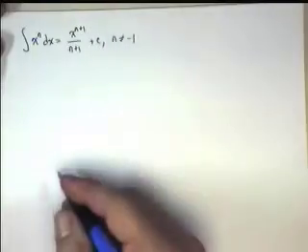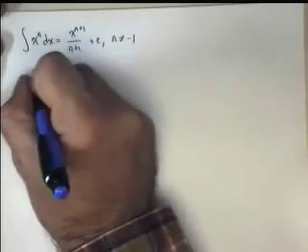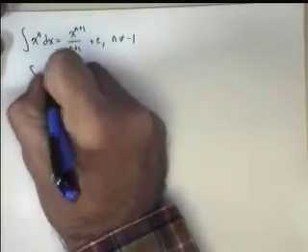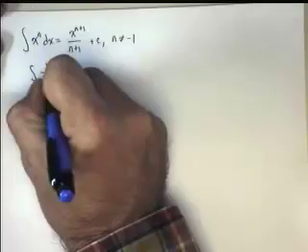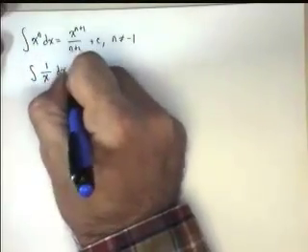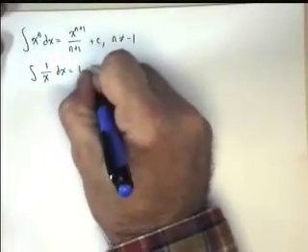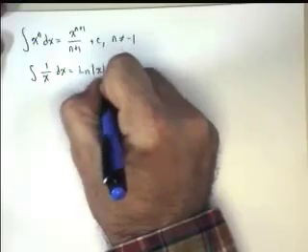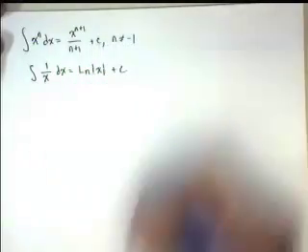And then by definition we have come up with that the antiderivative of 1 over x, that is x to the negative 1 dx, is the natural log of the absolute value of x plus a constant.